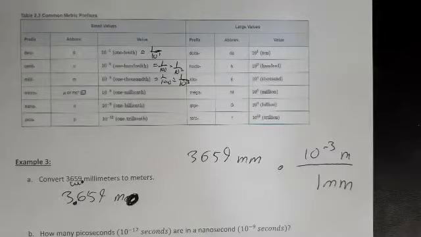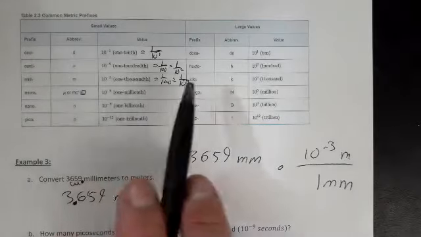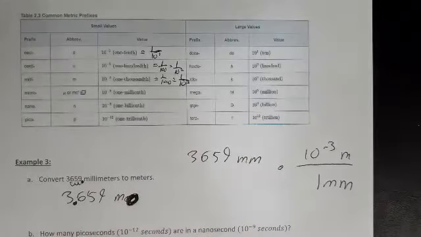And if you multiply it by 10 to the minus third, that is the same thing as dividing by 1,000. So if we divide this by 1,000, we're going to get the same solution. So I think it might just be easier to think about your metric system with just moving the decimal either left or right and thinking whether you're going larger or smaller.